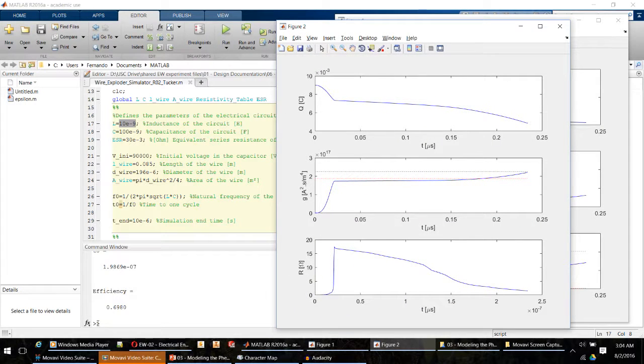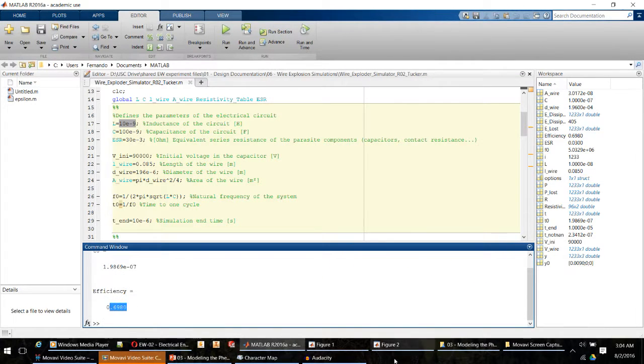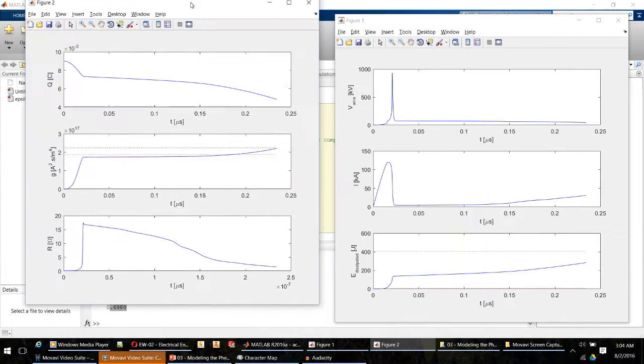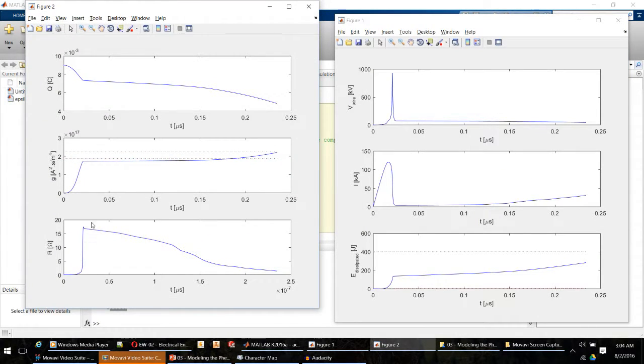So the first weird thing is the efficiency is kept the same, which is ridiculous. And you can see that the curve for the resistance, all of the curves get skewed up. The current rockets out to 120 kiloamps, which is probably true.